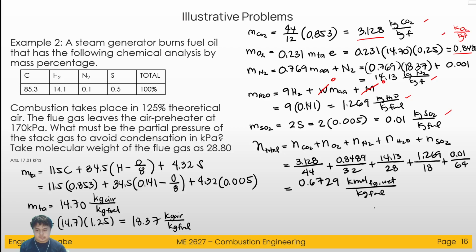Okay. So this is not yet the final answer, no? We want to find the partial pressure. So therefore, to find the partial pressure of H2O, that will be the number of moles of H2O versus the total number of moles times the total pressure of the flue gas. So we have the pressure of the flue gas. So we are assuming that this is wet, no? Usually it is wet. So H2O here is this, no?